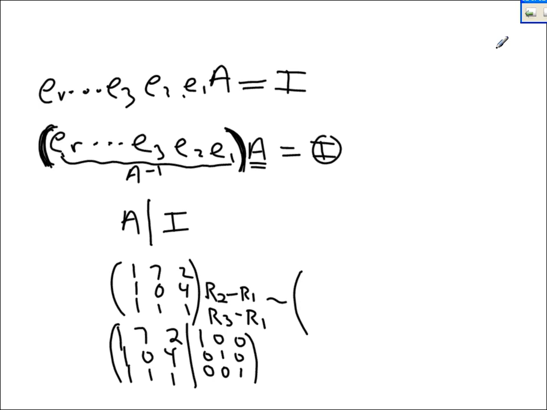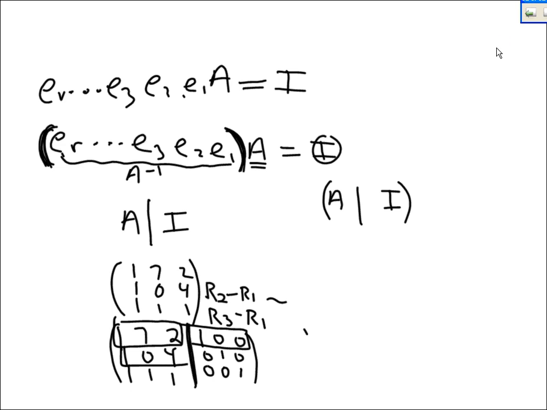Okay, so let me write down over here what we have. We have matrix A augmented with the identity matrix. Now, whatever you do to row 1 for the matrix A, you have to do for the right-hand side. Whatever you do in row 2 to the left of that vertical line, you have to do to the right of the vertical line.